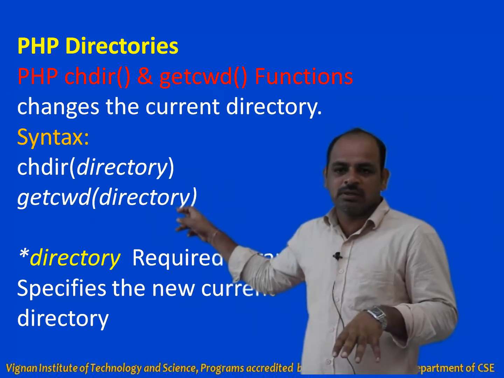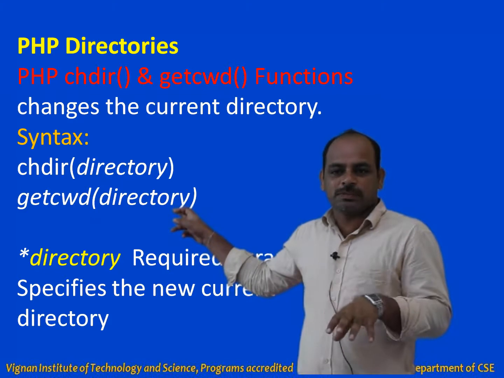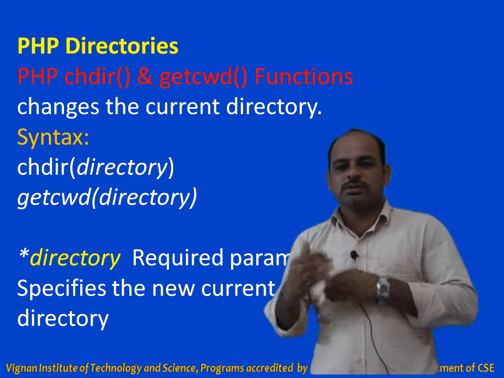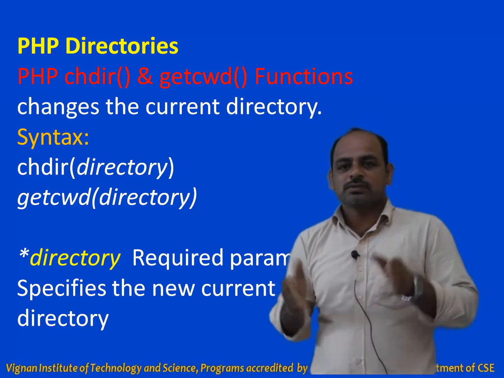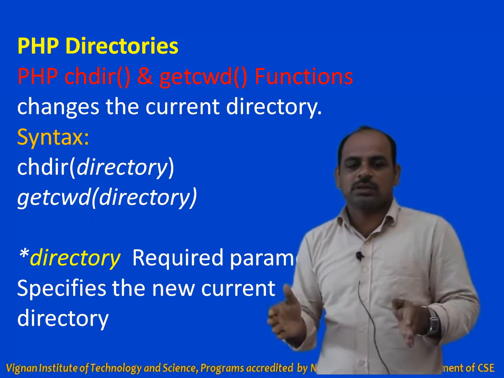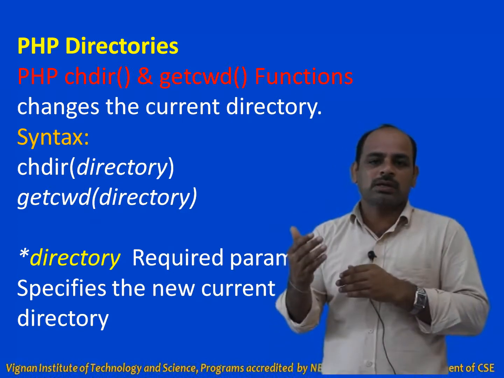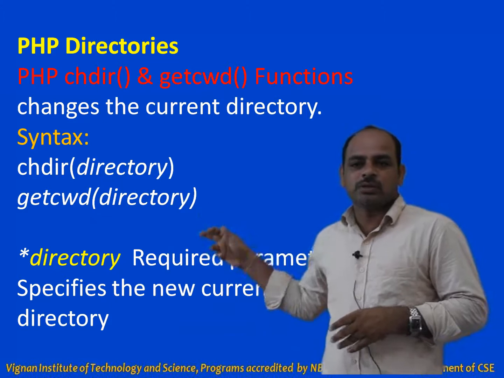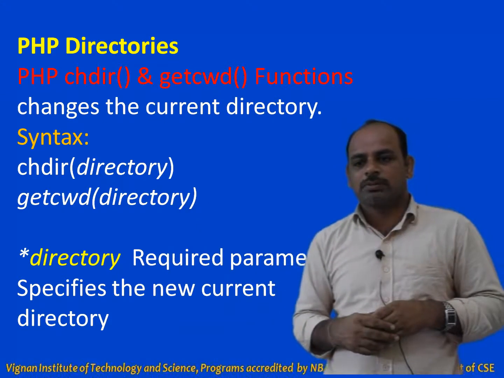Even if you do not specify the parameter, you can get the current working directory. This function returns the current working directory, that is, the directory in which your PHP code is running. In the next slide, I'll show you the related example program.